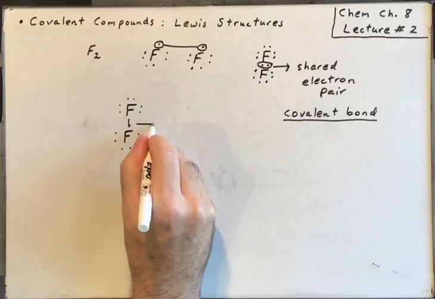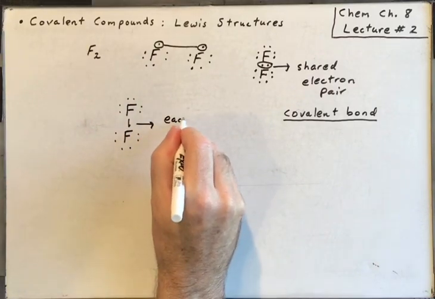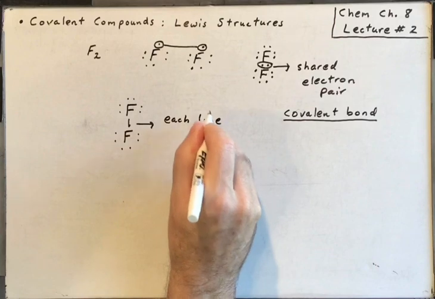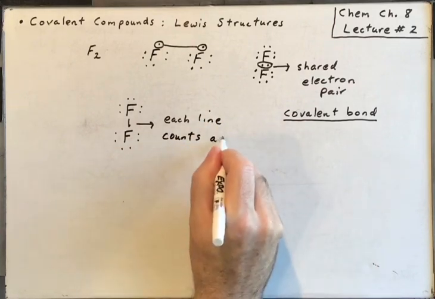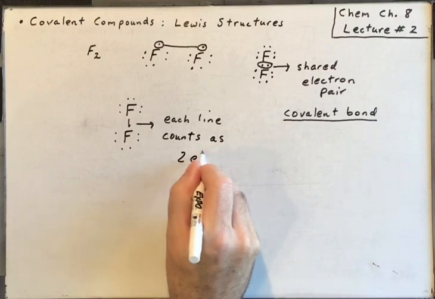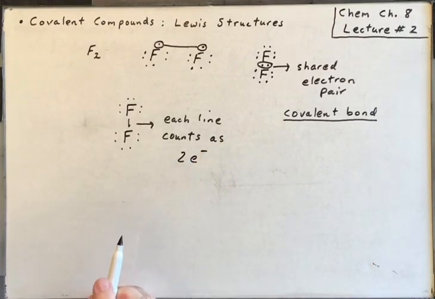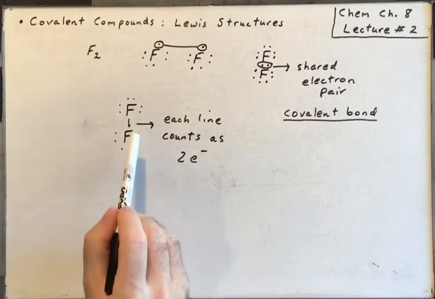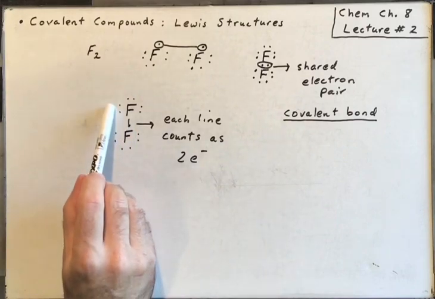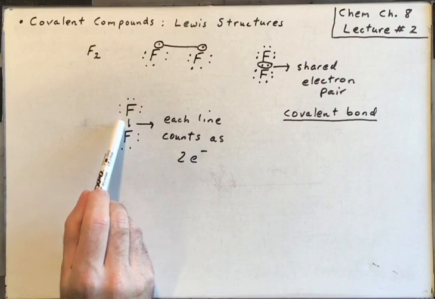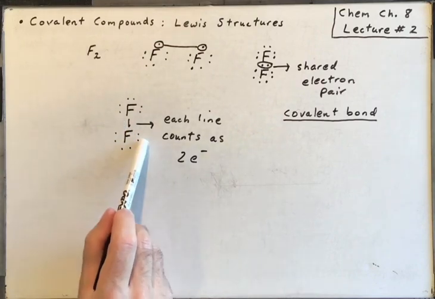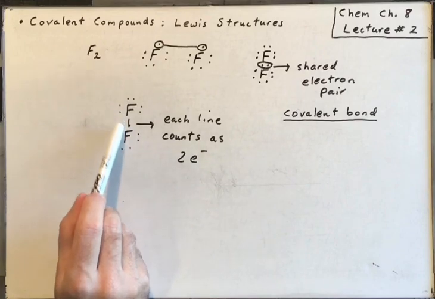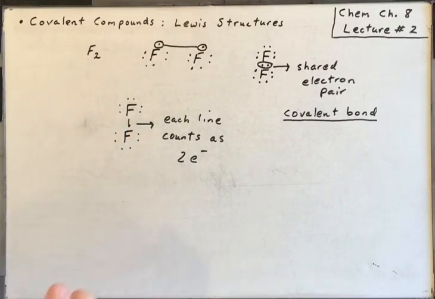Each line counts as 2 electrons. Remember, octet rule, want to have 8 electrons in the outer shell, so we'd have 2, 4, 6, and the line counts as 2, so that's 8. And for this fluorine, 2, 4, 6, and it gets to count the 2 of that line also, so it has 8.